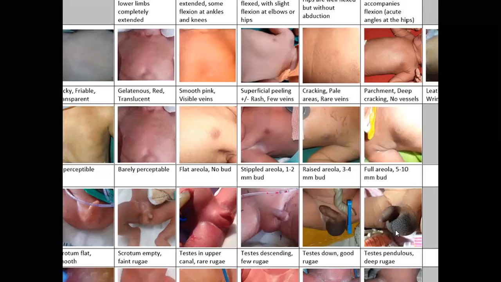So, today's take-home message here is always the testes are descended in term babies. If the term babies are presenting to you with undescended testes, that is always abnormal. You should not wait for the descent of the testes. We can wait for the descent of the testes only for the preterm babies.